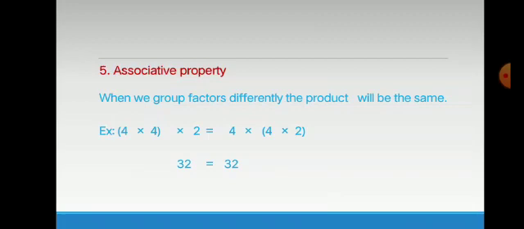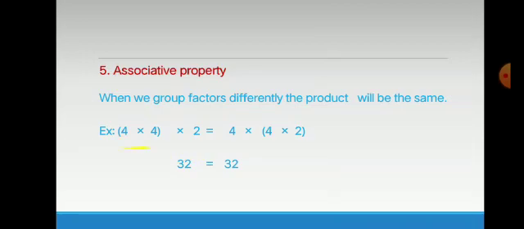Number 5 is associative property. When we group factors differently, the product will be the same. It means when you have 3 numbers to be multiplied, as you can see, there are 4 multiplied by 4 multiplied by 2, 3 numbers which are required to multiply. So what we can do, we just group them.